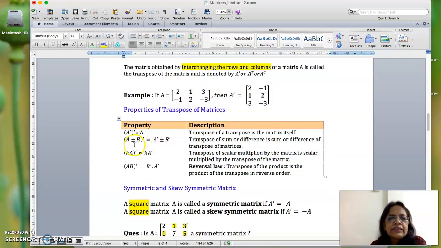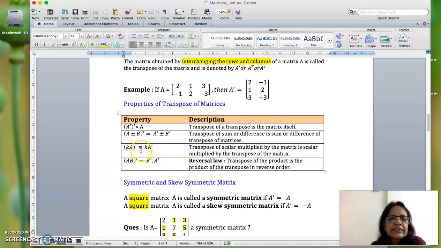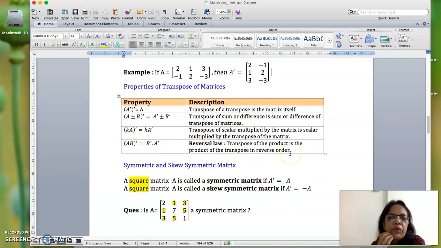Okay, this is the transpose outside the bracket: the transpose of a sum or difference is the sum or difference of the transposes of the matrices. So this is the second property. Third says the transpose of a scalar multiplied by a matrix is the scalar multiplied by the transpose of the matrix. This is the third property. Then comes the fourth one.